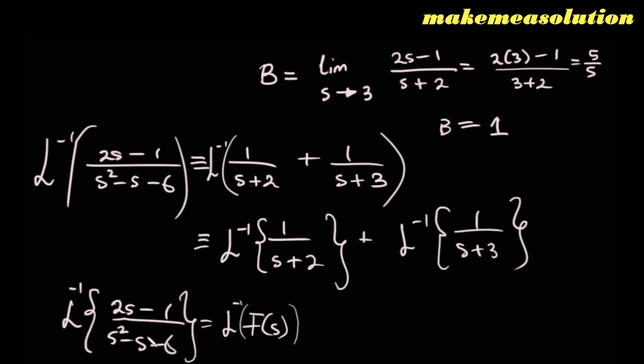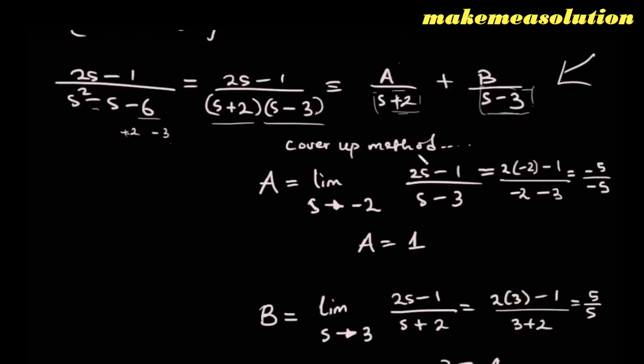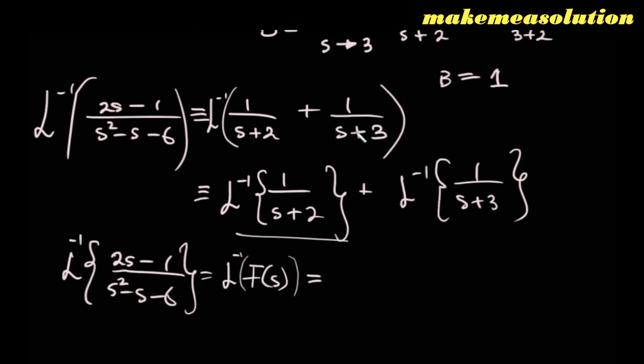because this is your complex f of s, a function in terms of s. Okay, I think I missed something. Yes, thank you for the correction. So this is s minus 3, not s plus 3. Sorry about that.